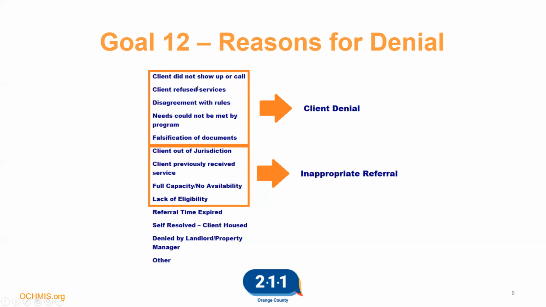Client denials include client did not show up or call, client refused services, disagreement with the rules, needs could not be met by program, or falsification of documents. Those are all under that client denial category. Client out of jurisdiction, client previously received service, full capacity or no availability, or lack of eligibility are all inappropriate referrals. That's how those are categorized on the report.